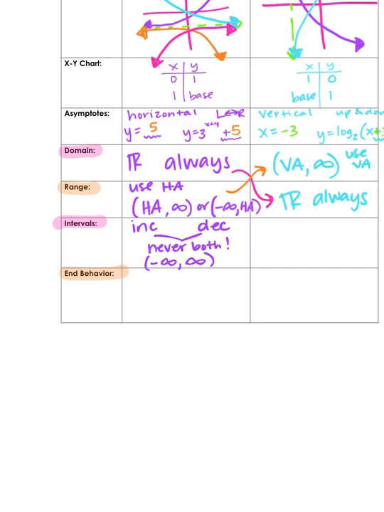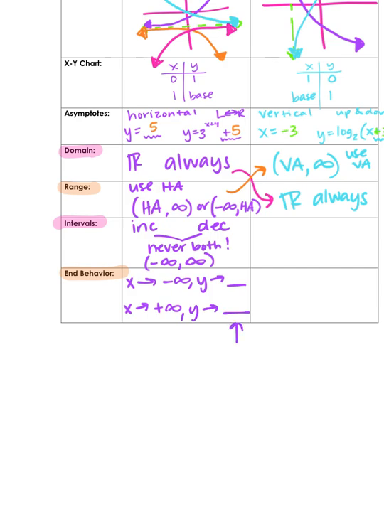So because of that, I'm going to go ahead and finish out the exponentials here. My end behavior: as x goes to -infinity, like it says right here, y goes somewhere. And as x goes to +infinity, which was this one right here, y goes somewhere.